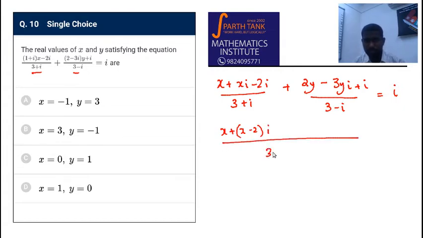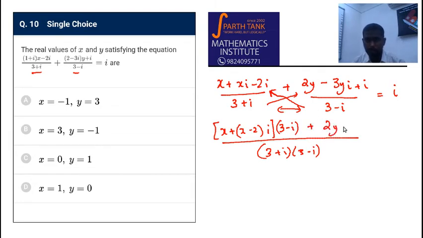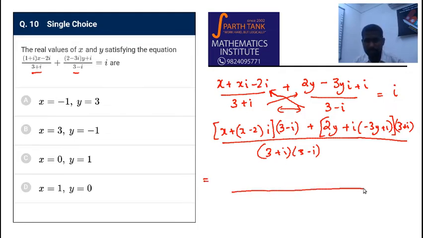Of course the LCM is (3 plus i) into (3 minus i). So you multiply these two here, cross multiply these two terms. So this times 3 minus i, and then you have 2y plus i into minus 3y plus 1, right? I into minus 3y plus 1, the whole thing multiplied by 3 plus i. Okay, so here the denominator becomes 10. 9 plus 1 is 10.